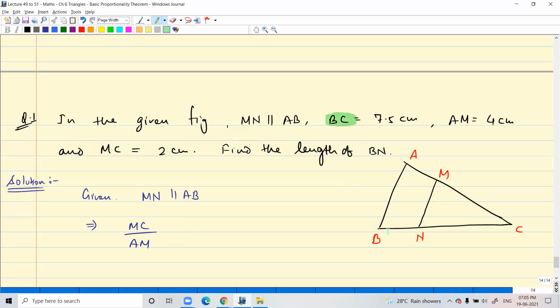Since BC is given directly, let's take the ratio which takes into consideration BC and AC, and along with that, what else is given? AM is given. So if AM has to be in the ratio, I need BN, right? So what can I write basically? AC by AM will be equal to BC by BN.